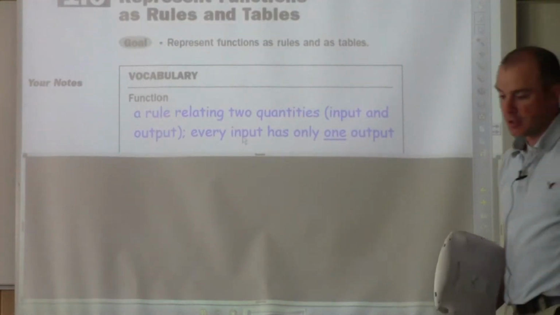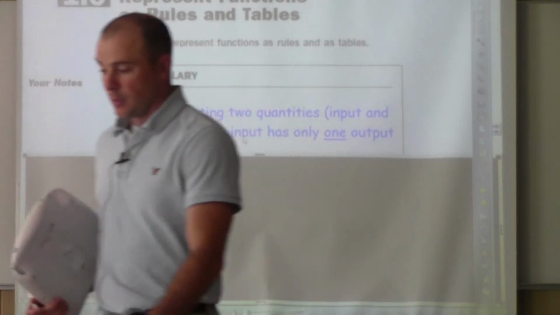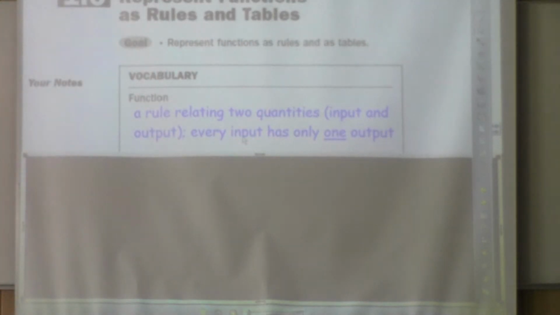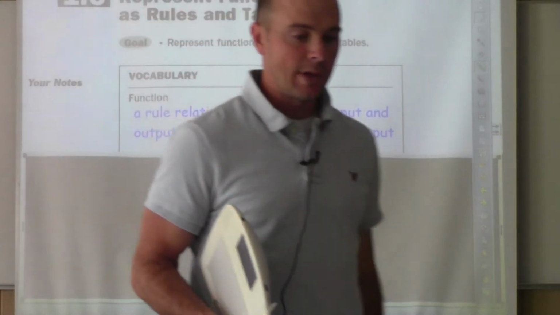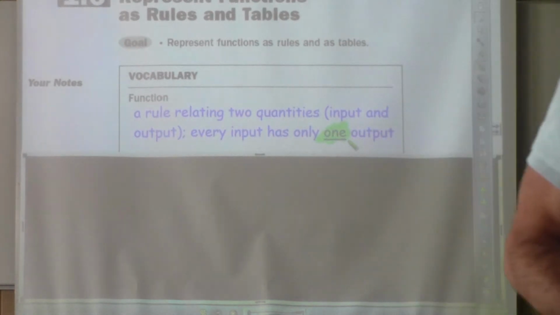First of all, the fancy mathematical definition for a function is a rule relating two quantities, both inputs and outputs, and the key is that every input has only one output. To be a function, every input can only have one output. So what's the big idea with a vending machine?